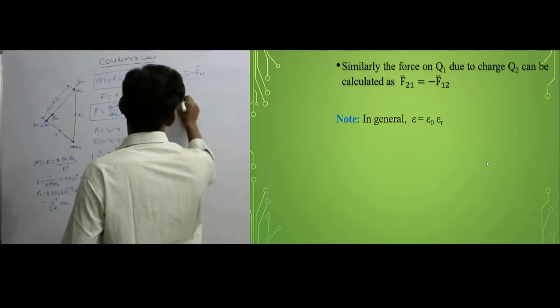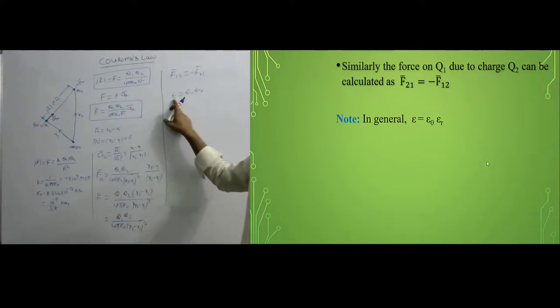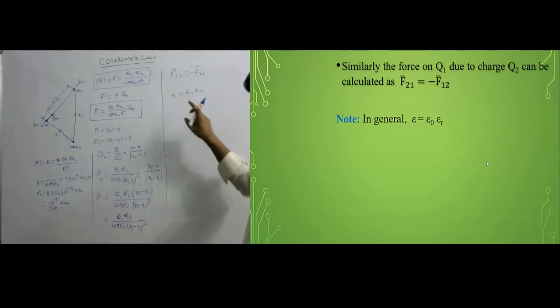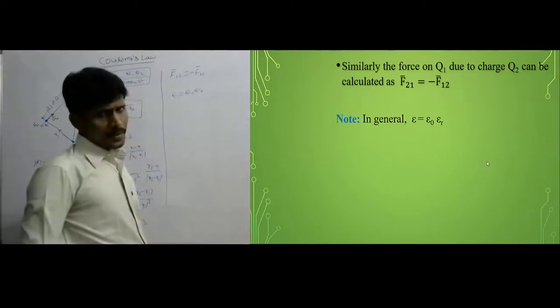So in general, epsilon is equal to epsilon naught into epsilon r, where epsilon is the absolute permittivity of the medium, epsilon r is the relative permittivity of the medium, and epsilon naught is the permittivity of free space.